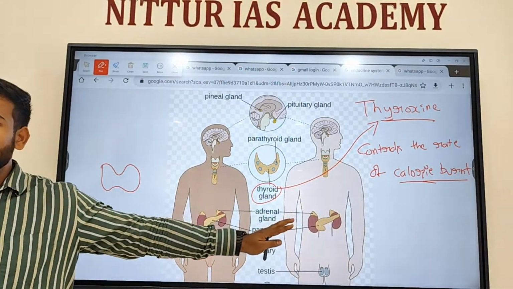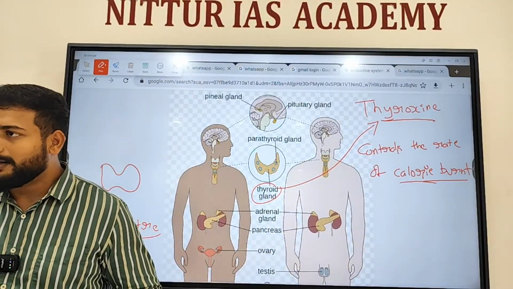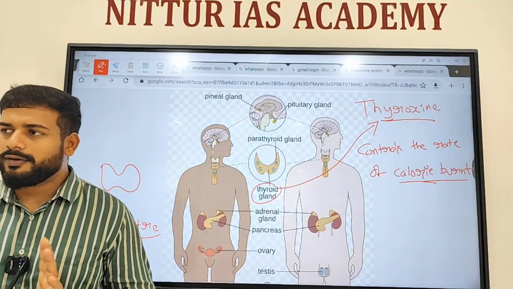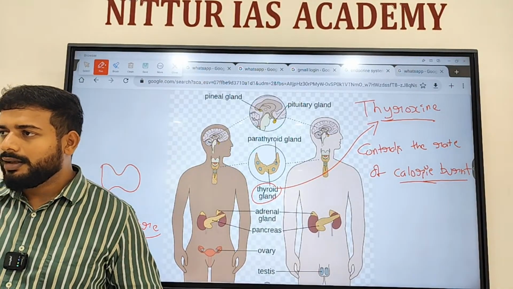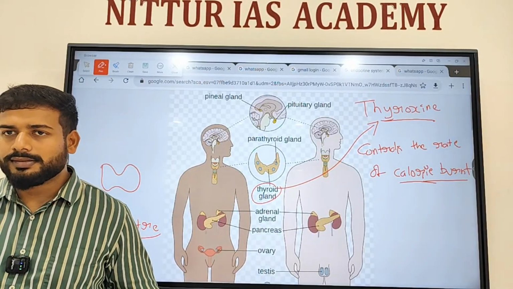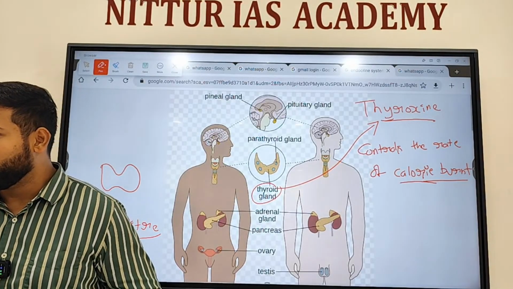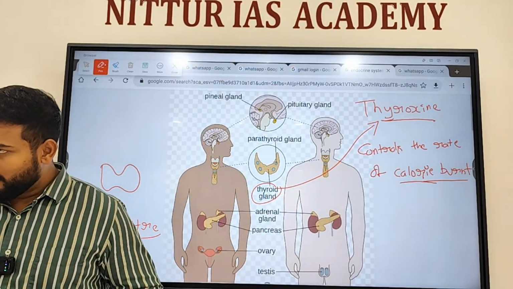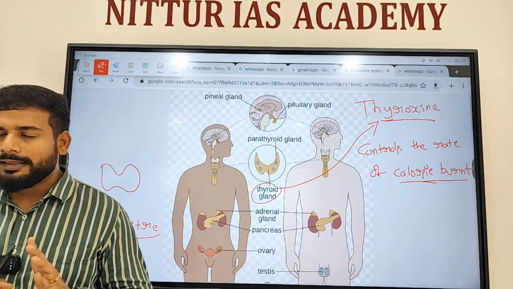Iodine is majorly available in seafood. But people who are living away from the sea, in the plains or in the mountains, might not be getting a proper amount of iodine, right? If a person lacks iodine, then what happens?